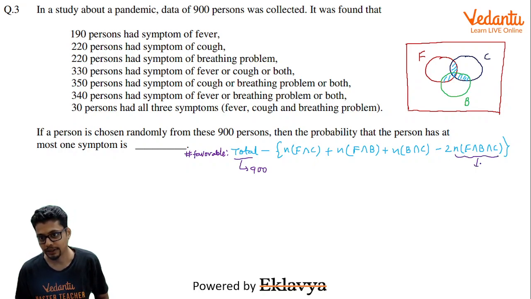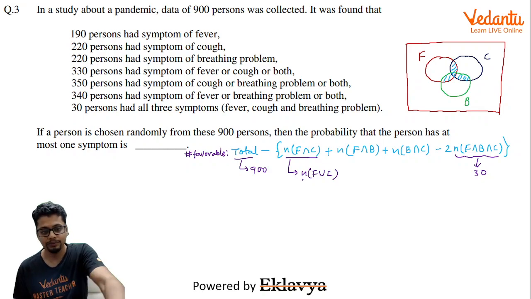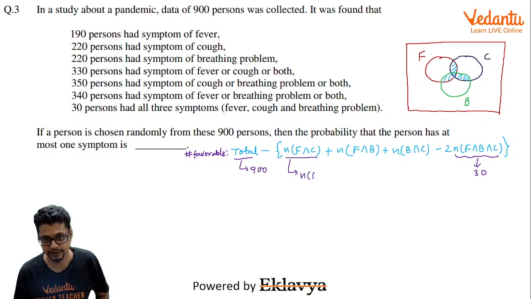n(F intersection B intersection C) is 30 because 30 persons had all three symptoms. So what about n(F intersection C)? I can say this essentially is n(F) plus n(C), with n(F union C) being subtracted from this, isn't it?